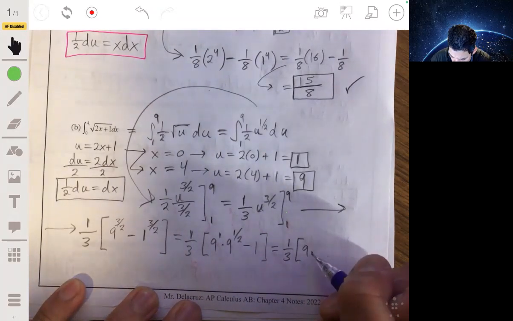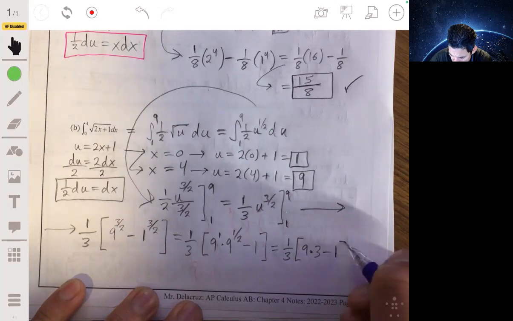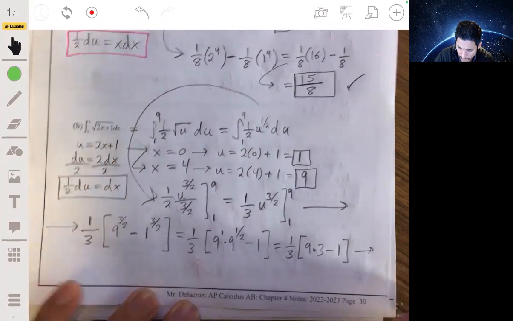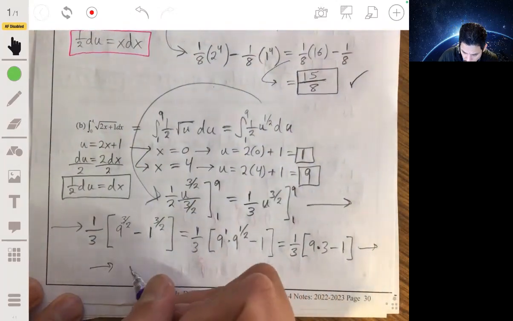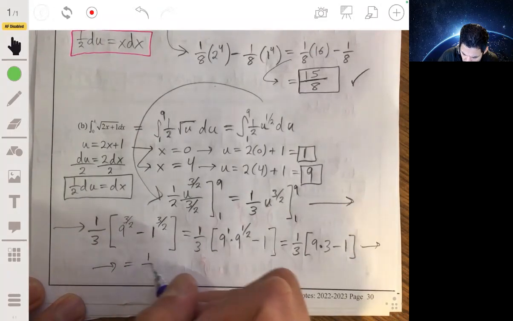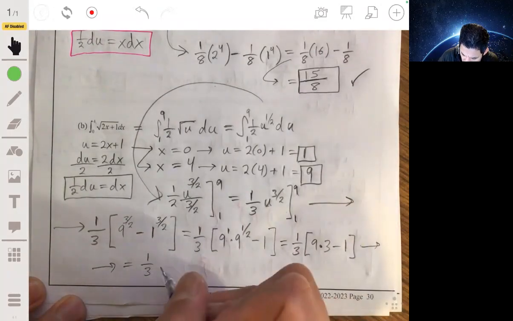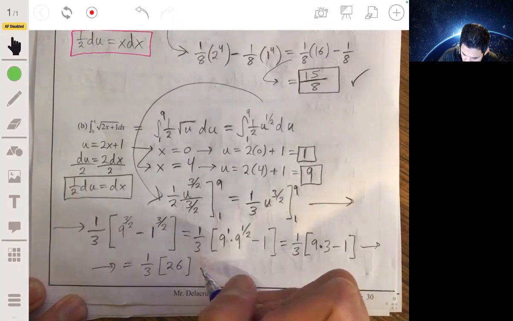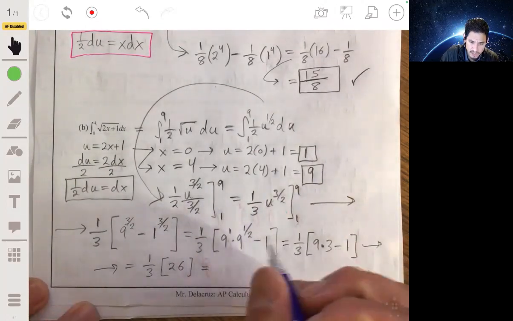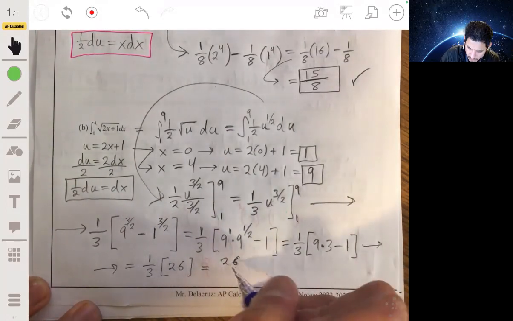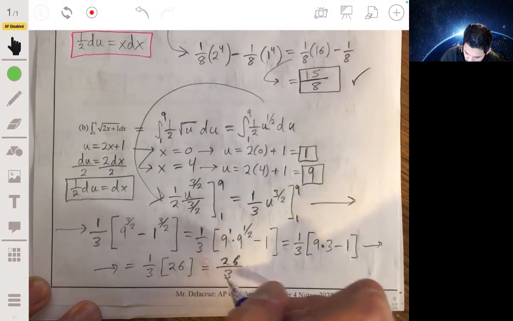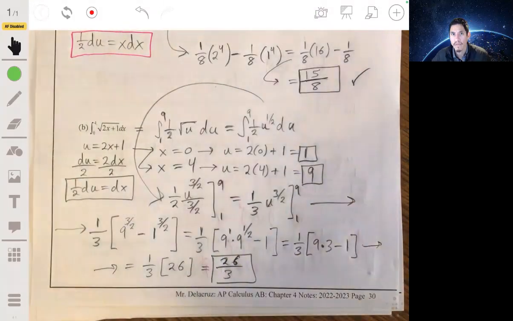So 9 times 3 minus 1. And so what we're going to get is 1/3 times 27 minus 1, or 1/3 times 26, which leaves us with 26/3 as our final answer. And there we go.